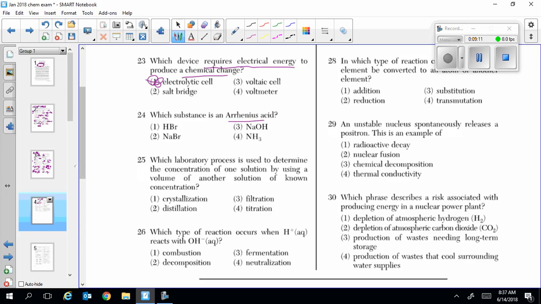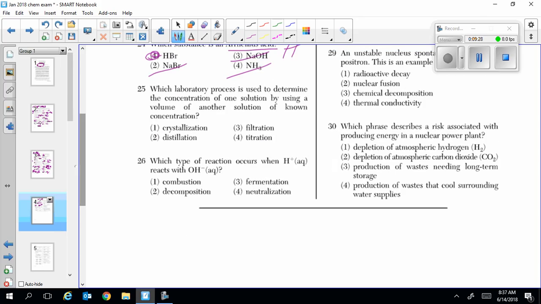All right, which one is an Arrhenius acid? So acids donate H+, so I want to pick this one here that starts with an H+. This is ionic, and these are both bases. You could go to Table K. It has HCl, which is just like HBr. Which laboratory process is used to determine the concentration of one solution by using a known volume of another solution of a known concentration?